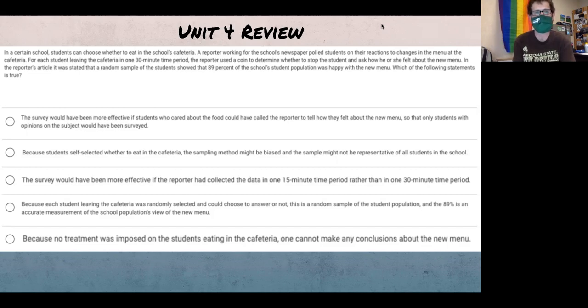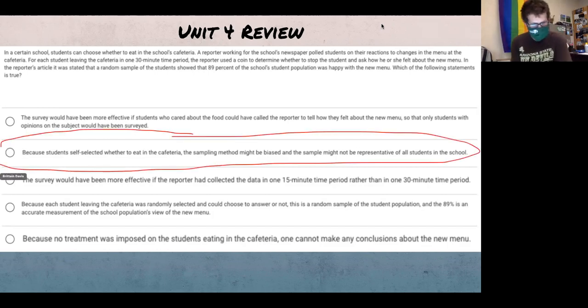Any results she gets come from a subset of the population, students who are eating there, and 89% of them are happy with it. Maybe there would be fewer people happy with it if it wasn't B, self-selected students. If it was representative of the entire school, they could get a better result.